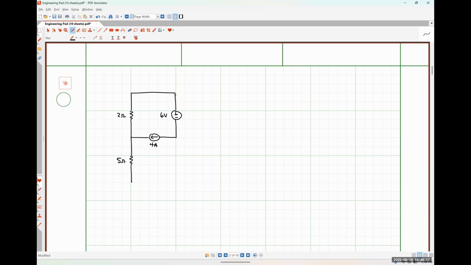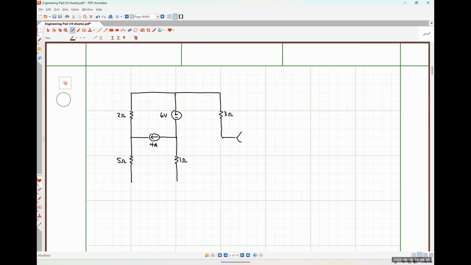Let's make this guy a 5 ohm resistor, a 1 ohm resistor. Let's make this a 3 ohm resistor.